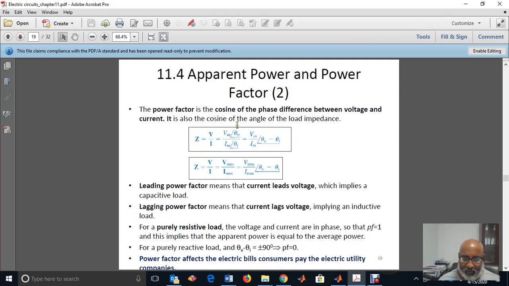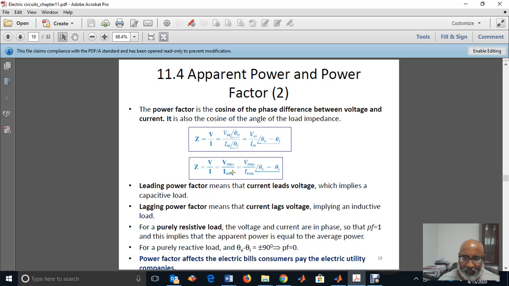Why? Because if I want to calculate the impedance, Z is V over I. In phasor form, Vm at an angle of theta V over Im at an angle of theta I, which is Vm over Im at an angle of theta V minus theta I. When theta I goes up, it will be minus.